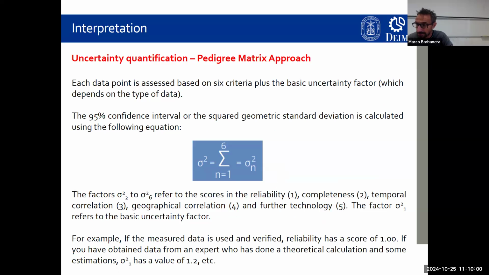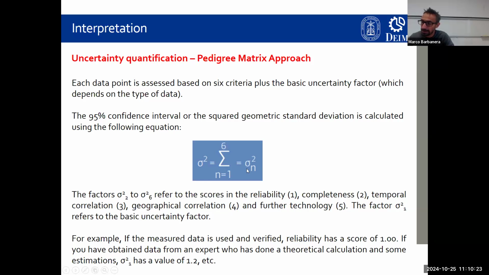In the additional uncertainty, we can define 5 different uncertainties about the reliability, completeness, temporal correlation, geographical correlation, and technology correlation of the data.